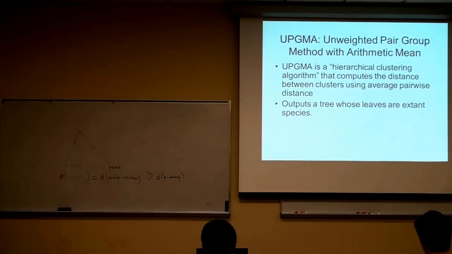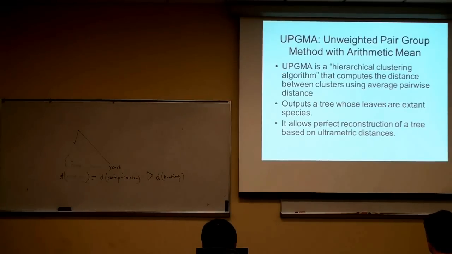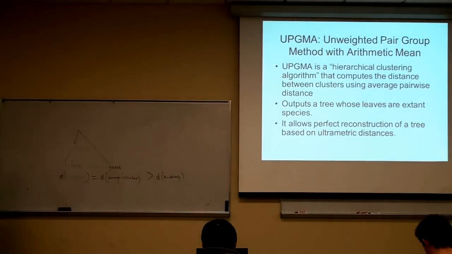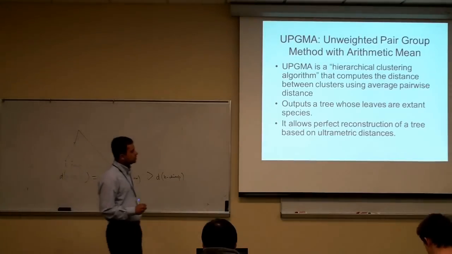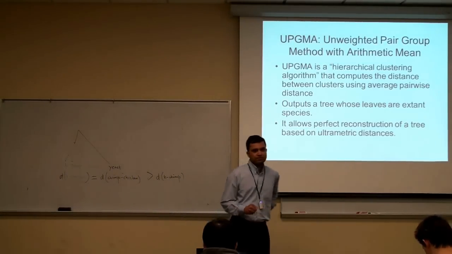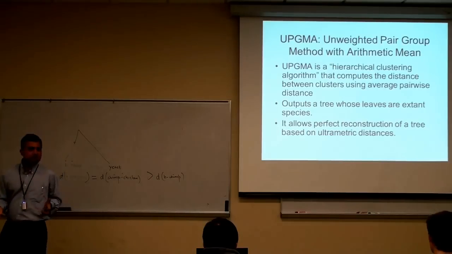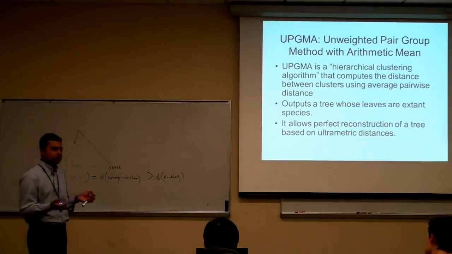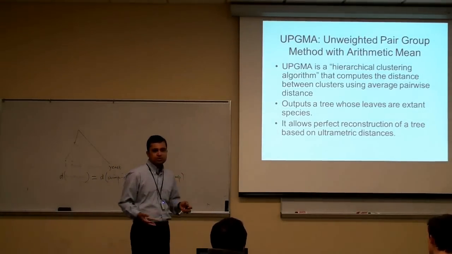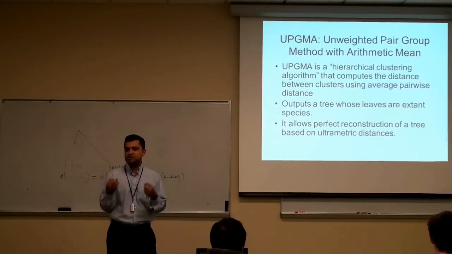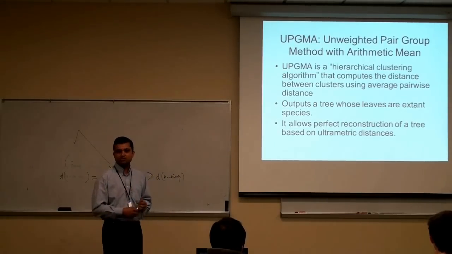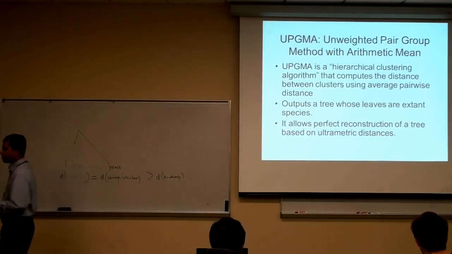It outputs a tree whose leaves are extant species, so it's a phylogeny. And it allows perfect reconstruction of a tree if the distance matrix is ultrametric. So if the given distance matrix has the ultrametricity property, then what this outputs will be the right tree. It will be the exact match to the distance matrix. Okay?